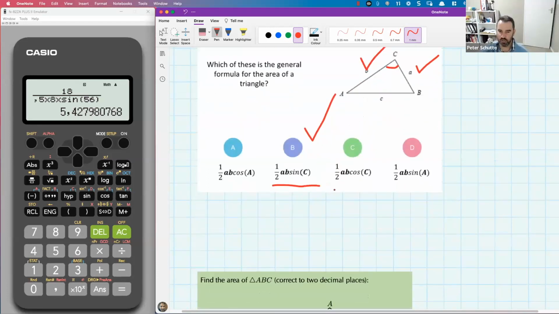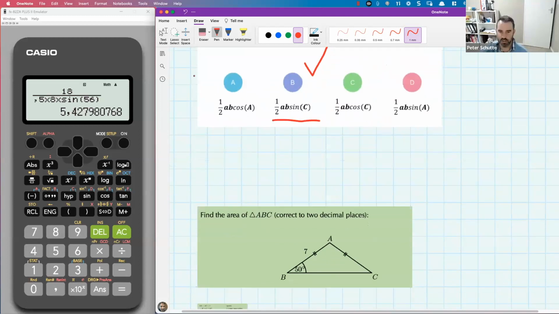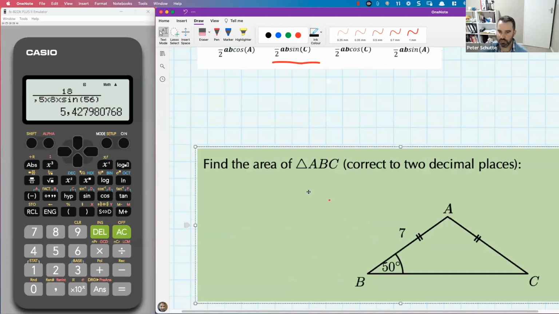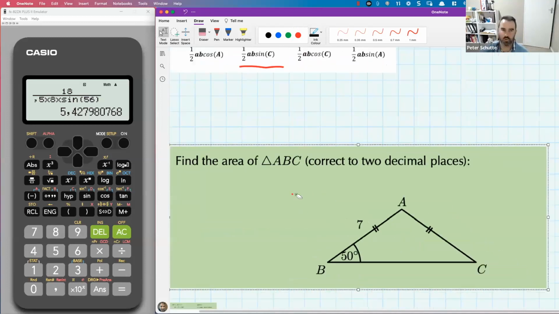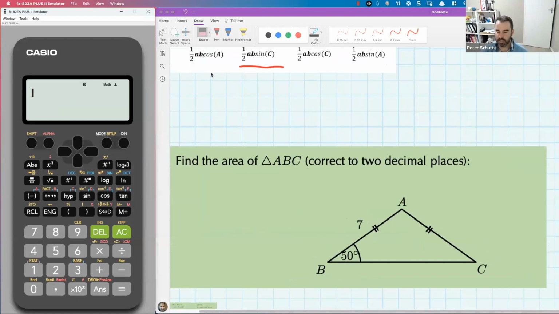Okay, last question for today. Find the area of this triangle. And then once we've done this, we've done tremendously well. Find me the area of this triangle ABC.